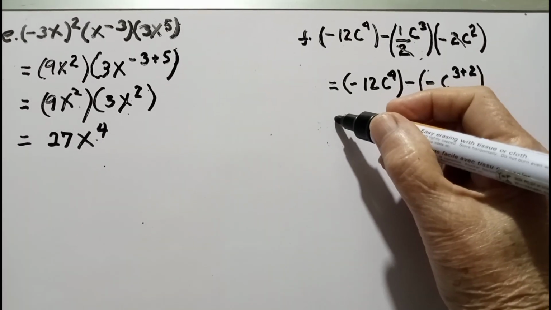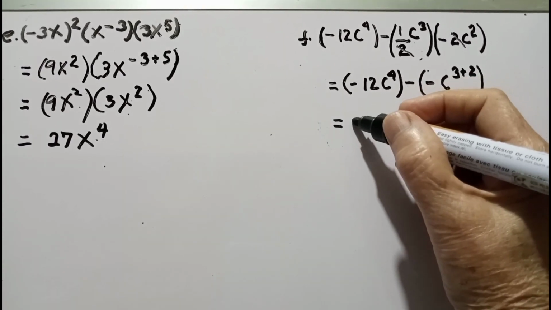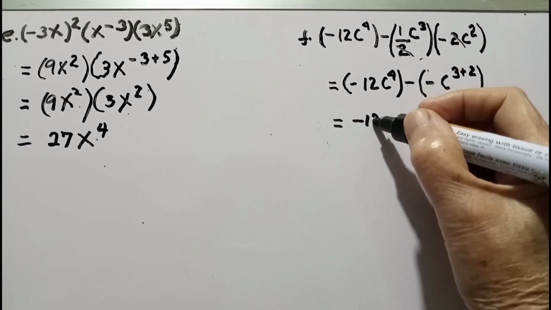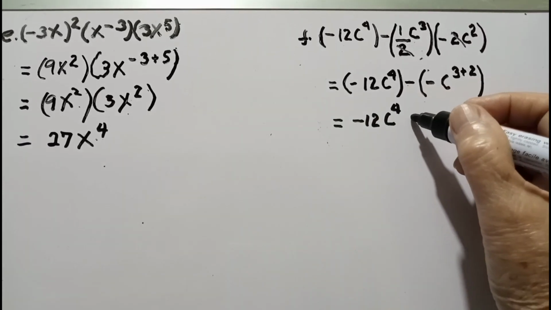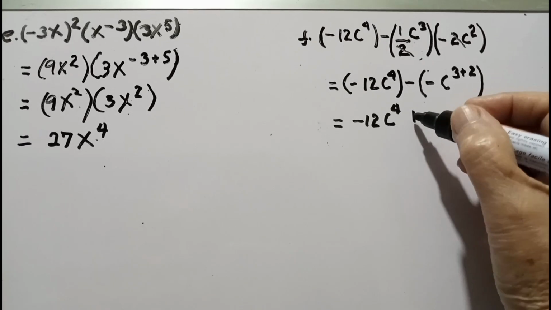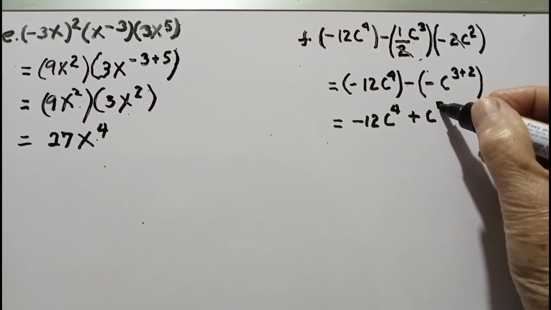So this is now equal to negative 12c to the 4th, minus minus is positive. So you have c to the 5th.